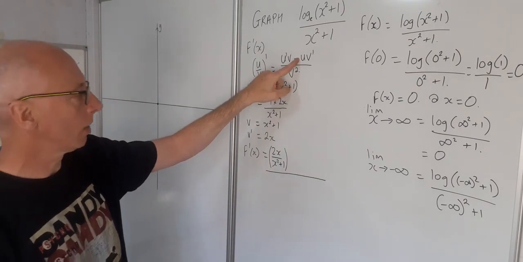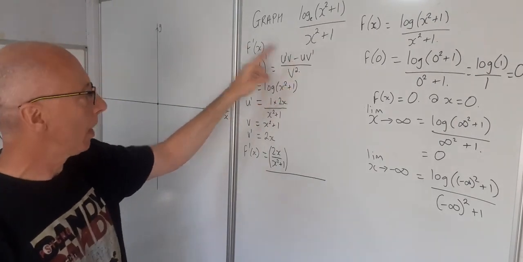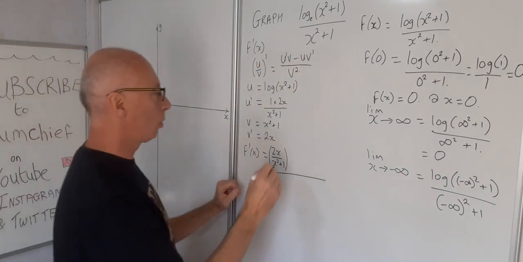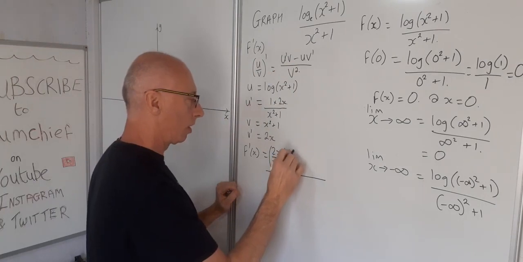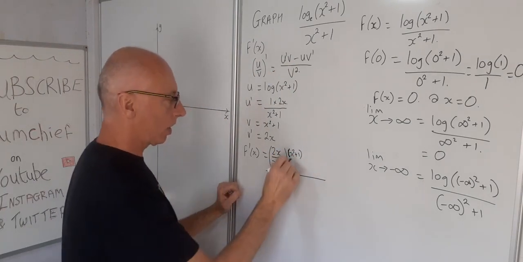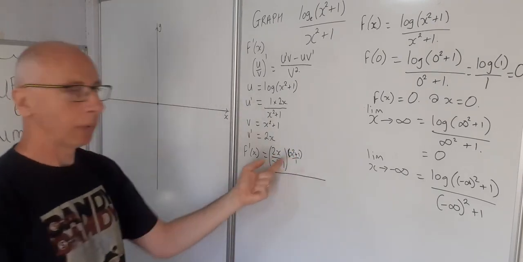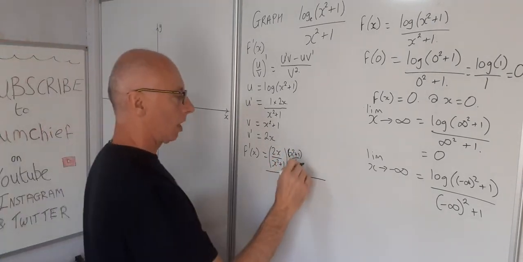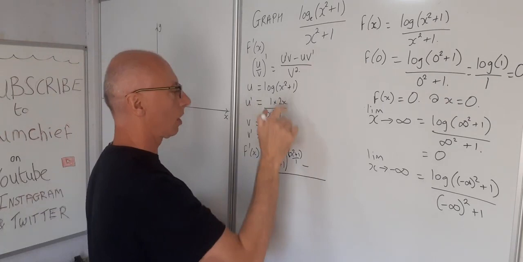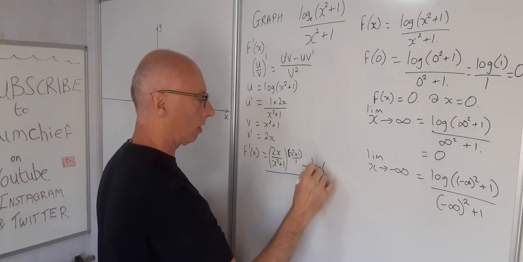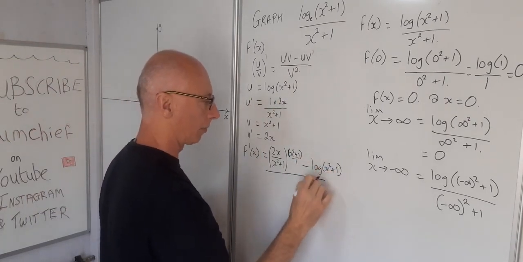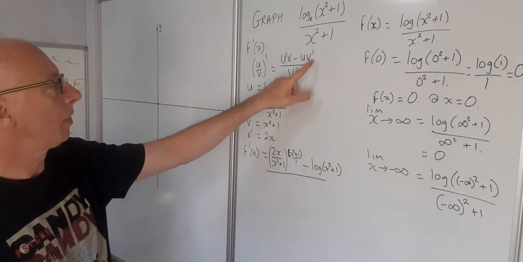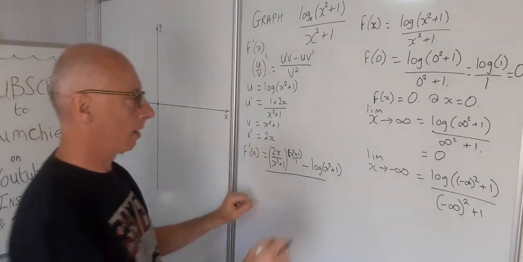And then subtract, so I still need to multiply by the v, don't forget that. So multiply by x squared plus 1. So that's essentially, if I put that over 1, makes it easier to understand. And then u is log of x squared plus 1. And our v prime is 2x.